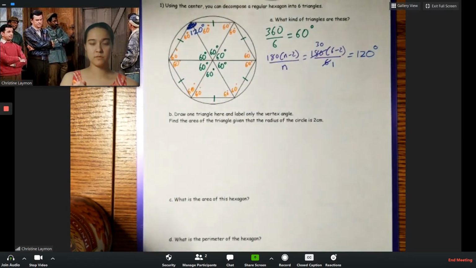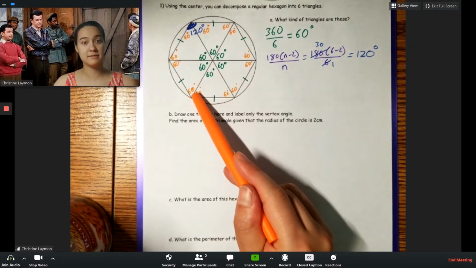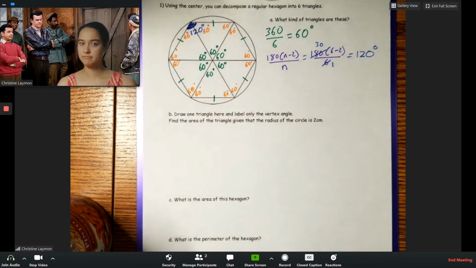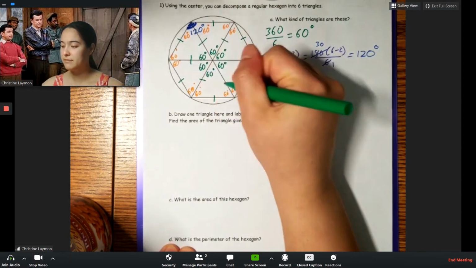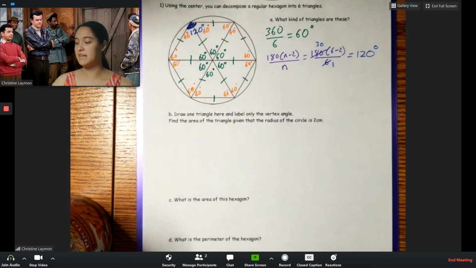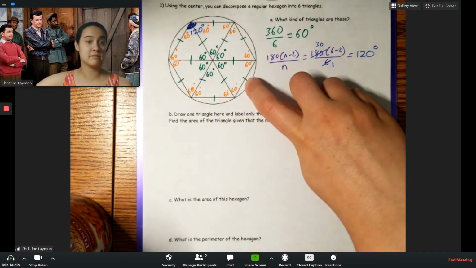Okay, alrighty. So now notice what you have: 60, 60, 60. That's an equilateral triangle. If that's an equilateral triangle, then all angles are the same, which we have, and all sides are the same, which means the radius is the exact same size as that outside length.